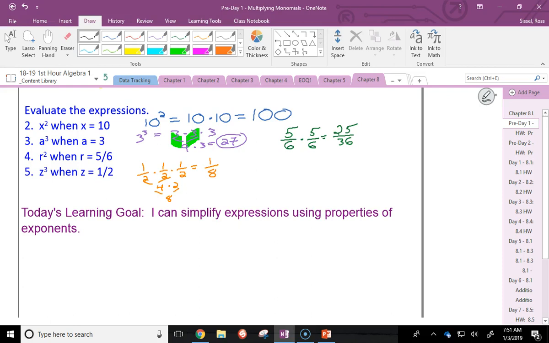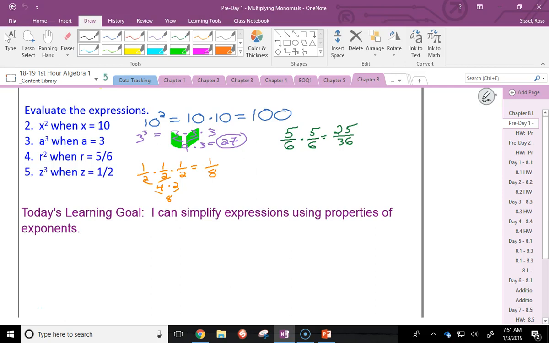When you get to 5 and 6, and we get to fractions, I saw some people that went to decimals. No, leave it in fraction form. The only time I would say to go to decimal would be if it was an easy decimal, like a half, 0.5. But for the most part, leave it in fraction form.